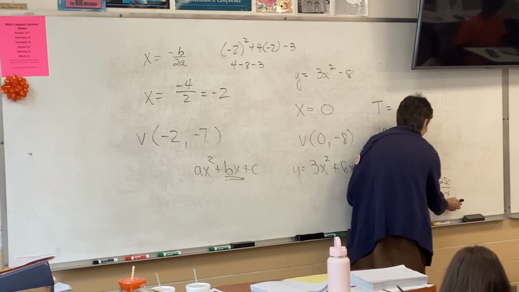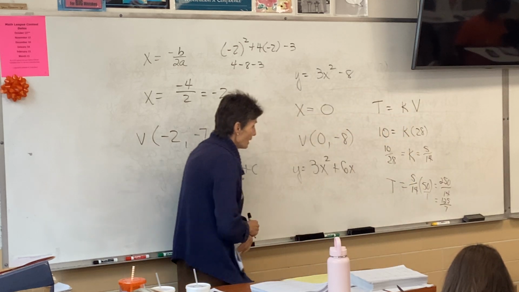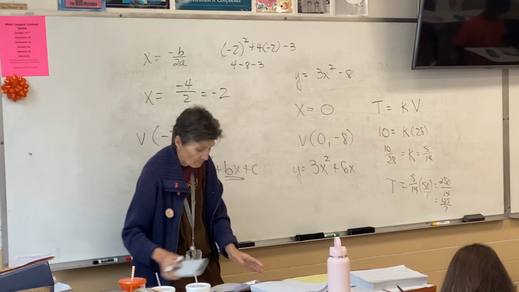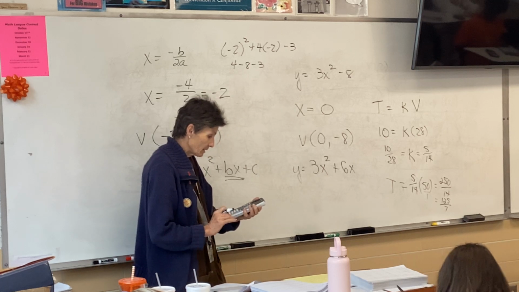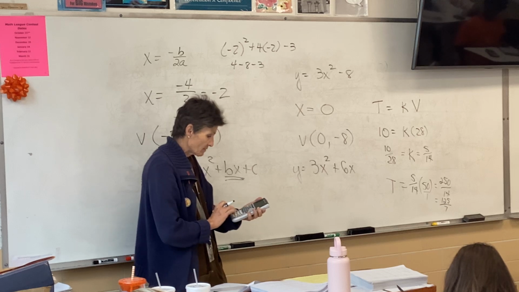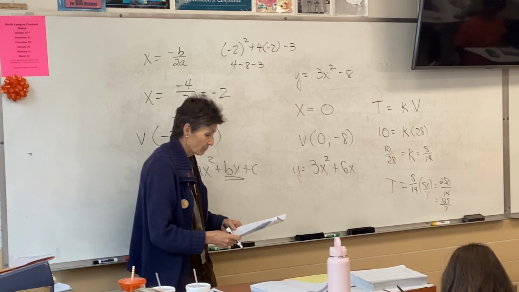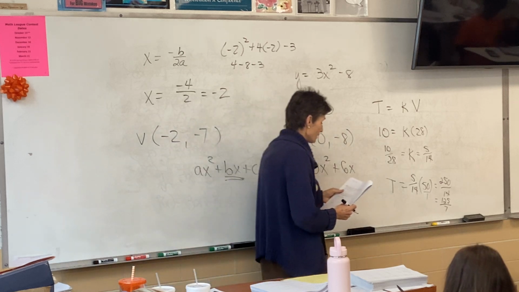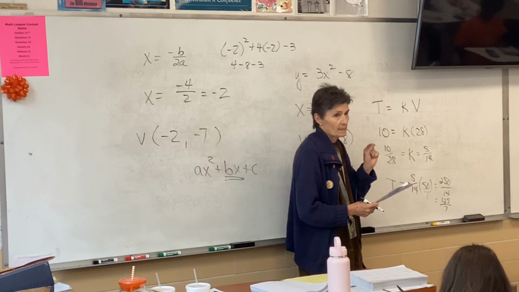And I did it without decimaling. I mean, I didn't put it in my calculator. I got 125 over 7. If you did it on the calculator, you got 17.857, something like that. Yep. What would be different if it said temperature varies inversely as volume?